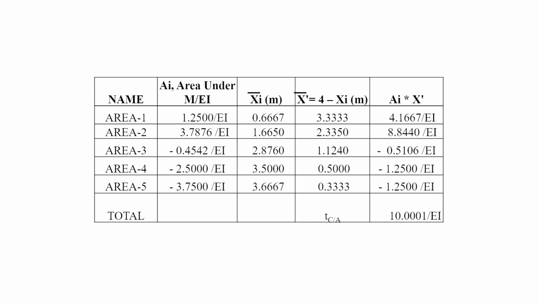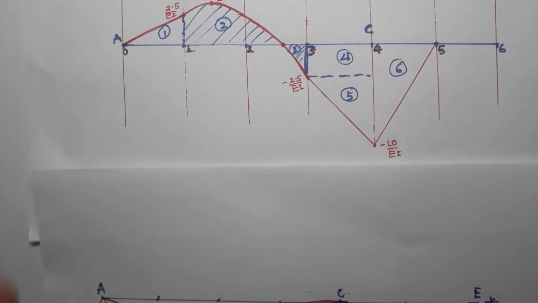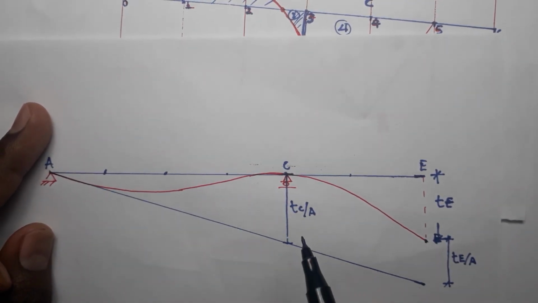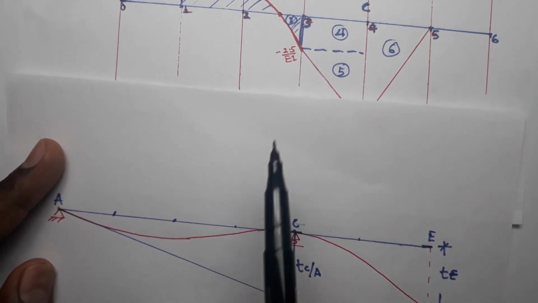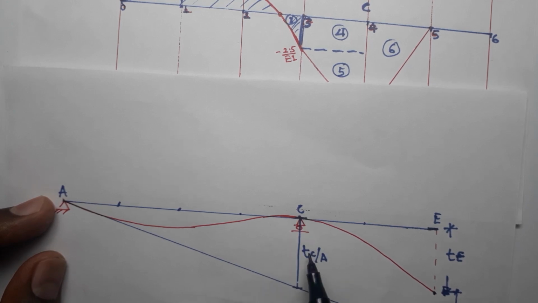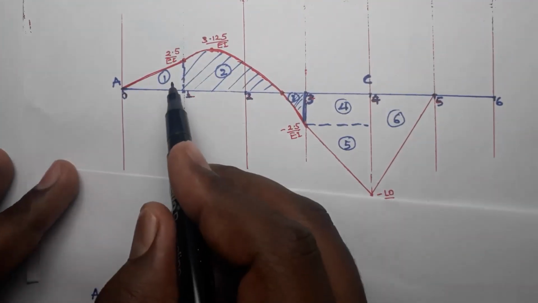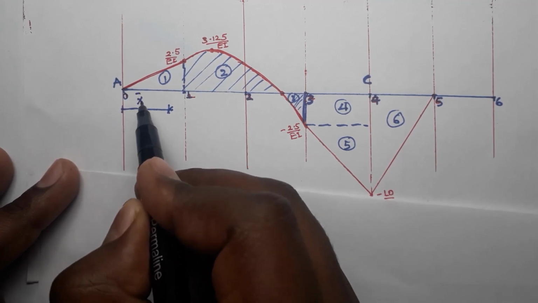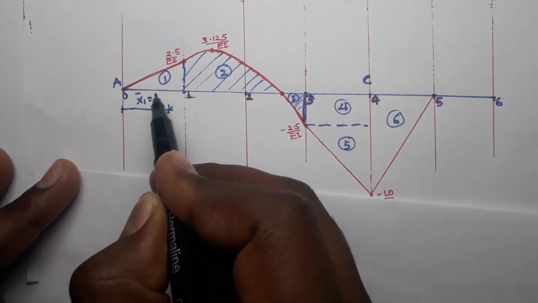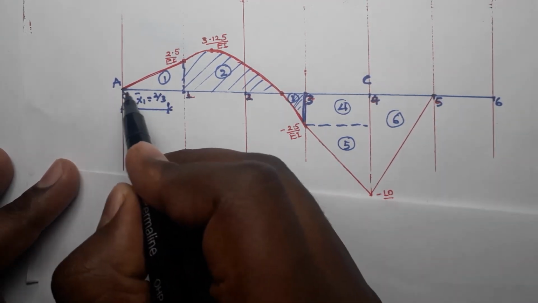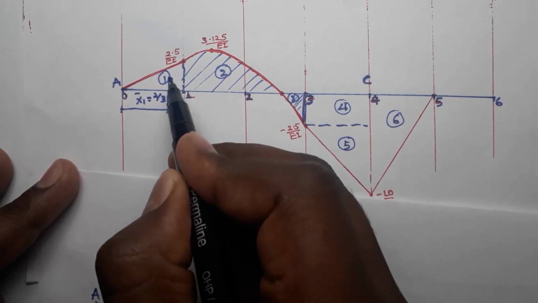Now when we are doing the translation of C with respect to A, the centroid of each area in between A up to C will be measured from C, from here, from this one. So for example, for this one, the x bar 1 equals 2 over 3. But what I want is not from here up to here, it is from here up to C.